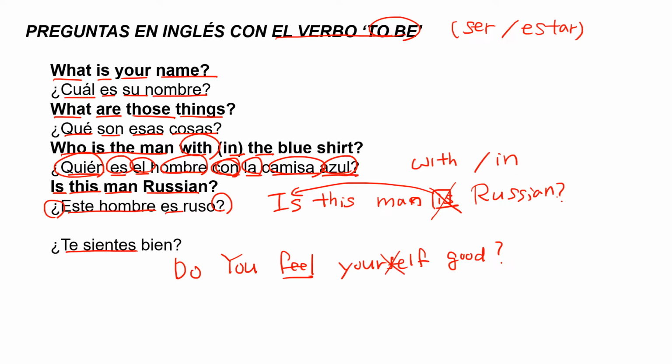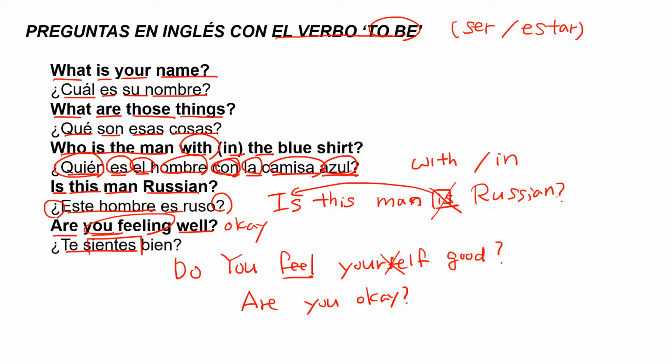But here, are you okay? Are you okay can be the other form of question here. Are you well, okay? Or sientes. Are you feeling well, okay, or good?